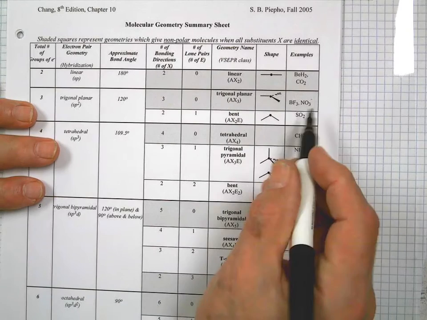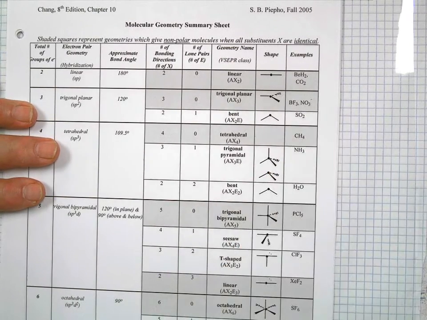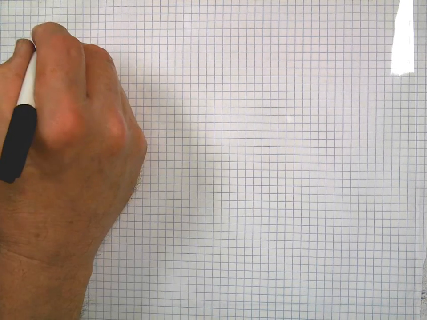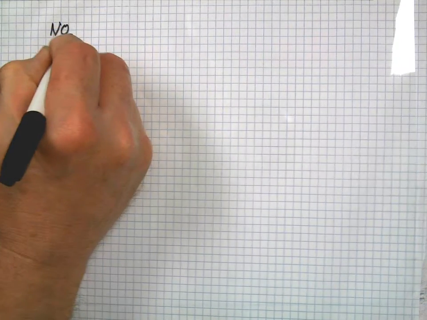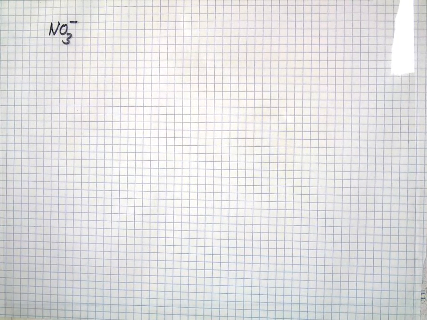You'll notice on your handout there's also the NO3 anion. So the nitrate anion, the polyions, can also be defined in terms of their three-dimensional geometry. We will start with NO3 minus, and the calculations are the same.